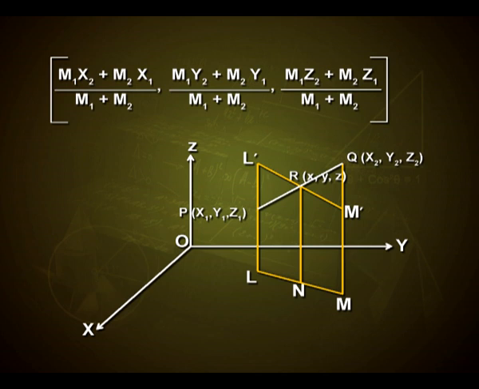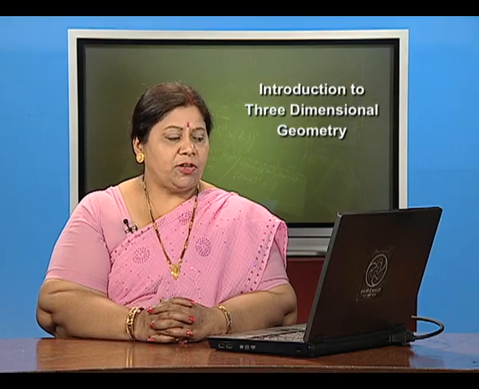We can see in the figure here, we have got the x axis, y axis and z axis, and we can see the line PQ. P is given by the point (x1, y1, z1) and Q is (x2, y2, z2), and R is the point which is dividing PQ in the ratio m1 : m2, and the coordinates are given by (x, y, z). We have an important remark to make here.